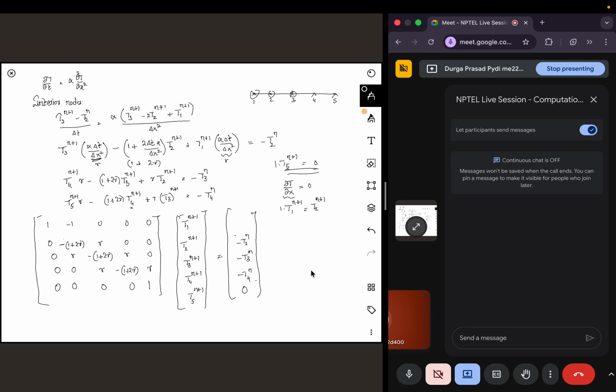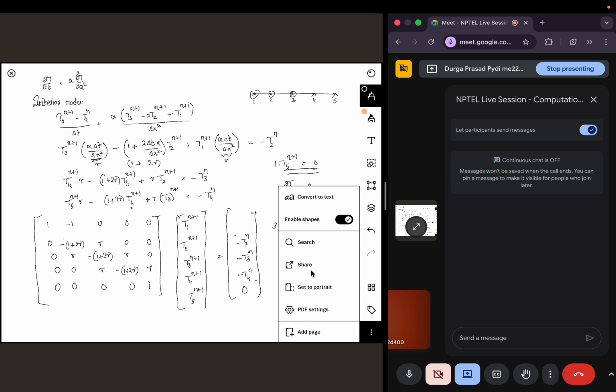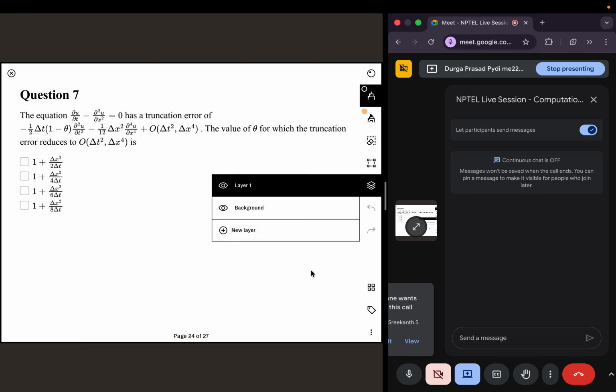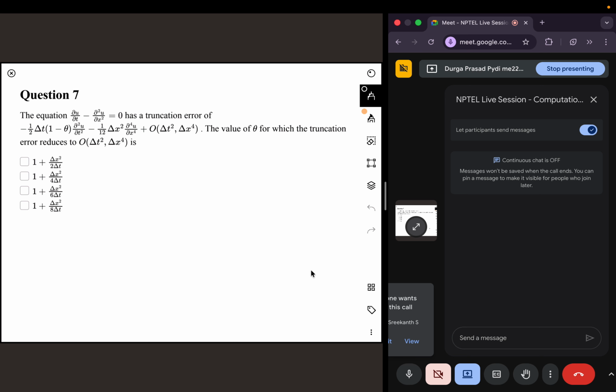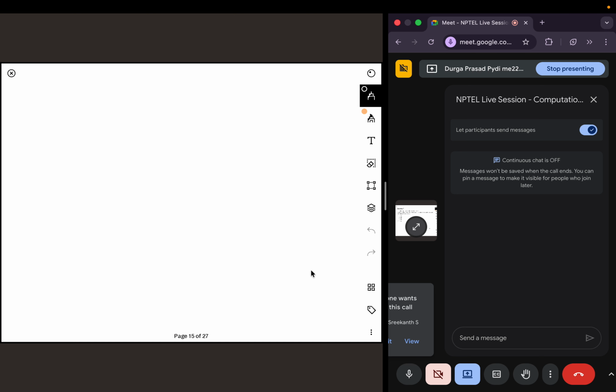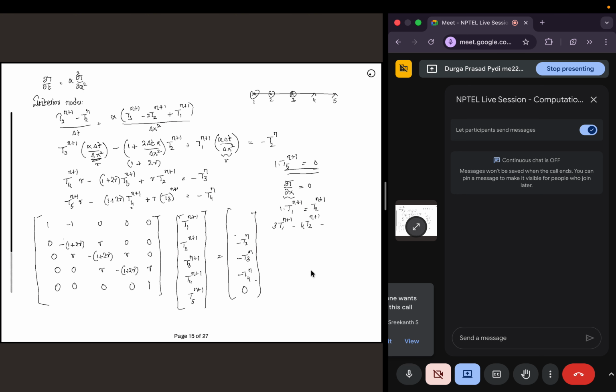Or you can also go with a second order scheme. The equation remains the same, so it will be 3 T1 n plus 1, minus 4 T2 n plus 1, and then T3 n plus 1, divided by 2, which is the second order accurate scheme for the derivative del T del X equals 0.